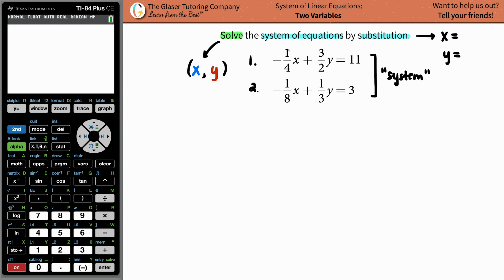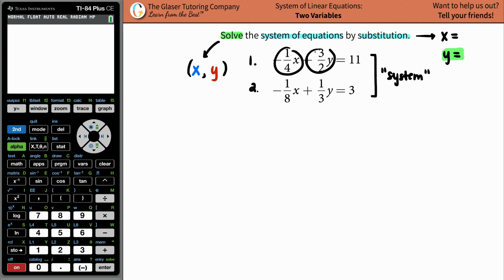Now, maybe, I got a fourth, 3 over 2 and an 11. The numbers aren't really that good. I got an eighth, a third, and a 3. This might work out better. And I don't really like to work with negative numbers, so I'm going for this y. I'm going to solve for y equals on the second equation.